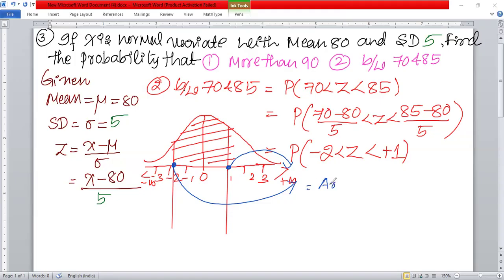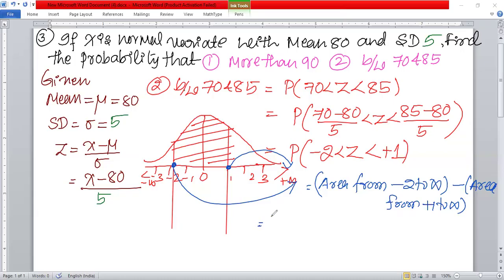Now area from minus 2 to infinity, minus area from plus 1 to infinity.